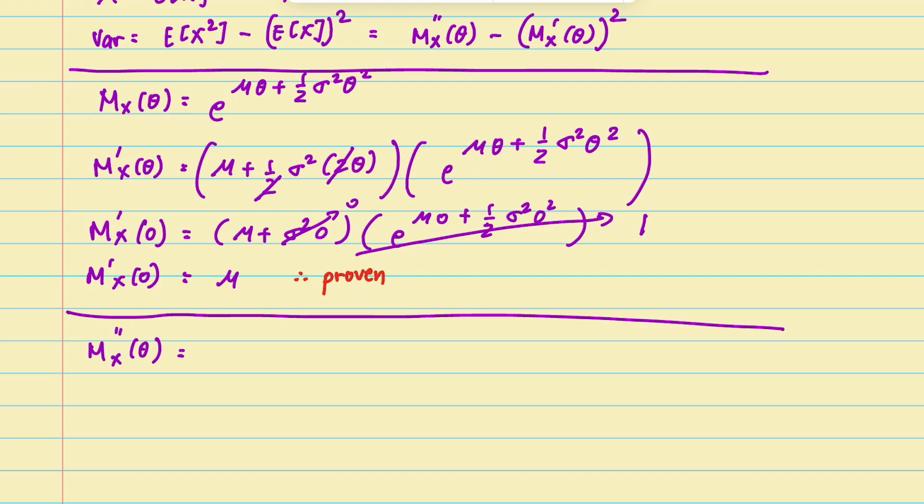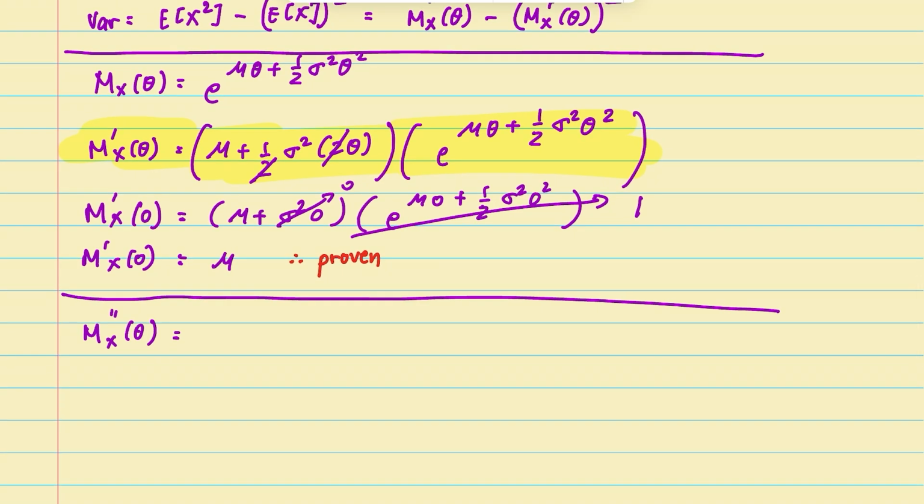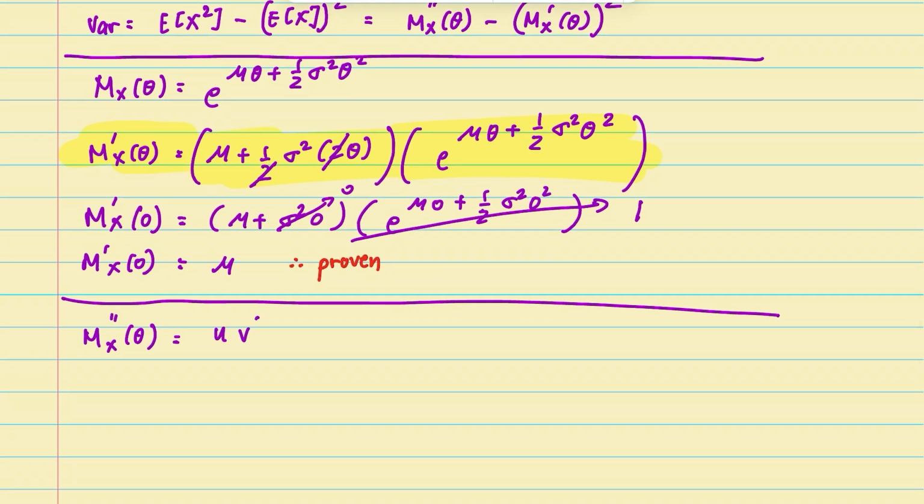Okay, now let's take the second derivative of the MGF. We need to reuse the equation over here. Let's use our A-level formula, which is uv' plus vu', for this derivation.